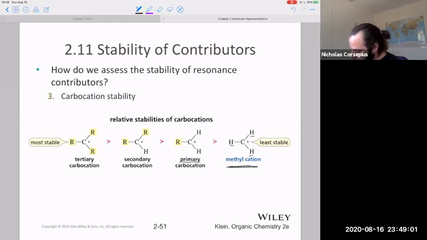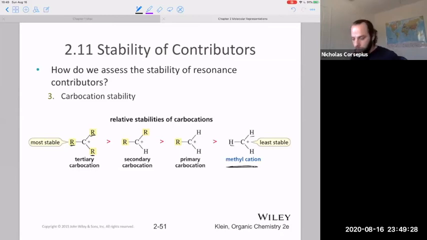Notice the naming here is similar to what we've seen before: primary, secondary, tertiary. You're talking about how many carbons are bound to that positively charged carbon. The tertiary carbocation, or when that carbon is bound to 3 other carbons, is going to be the most stable. And it's a sliding scale from there.